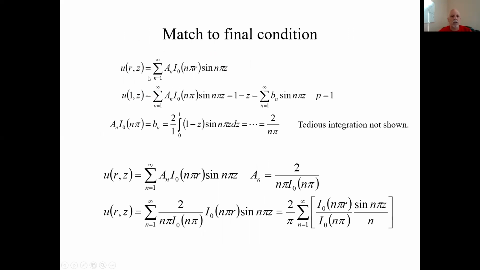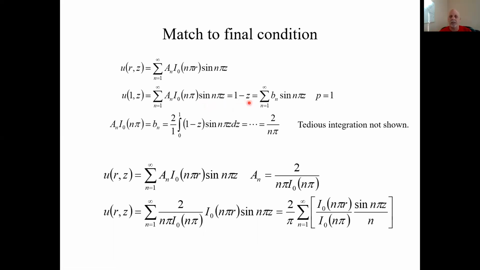Plug in 1 for r, you get this, and that equals the given function. Well, look, we just need to expand it. We don't need any Bessel. What kind of Fourier series do we need? Not a Bessel series, not a Fourier-Bessel series. It's this form, and that's just a good old sine series like we did a long time ago.